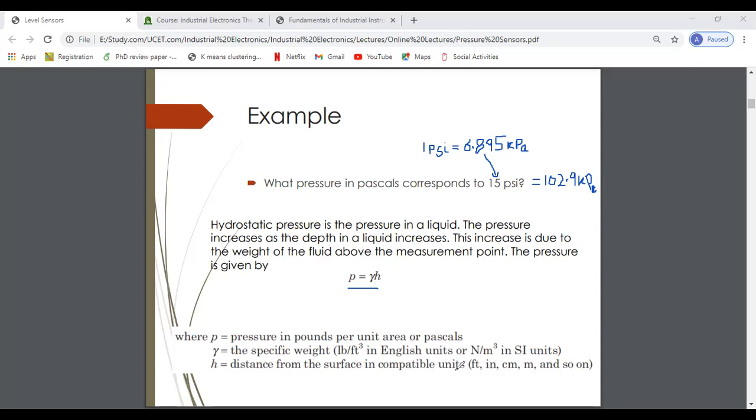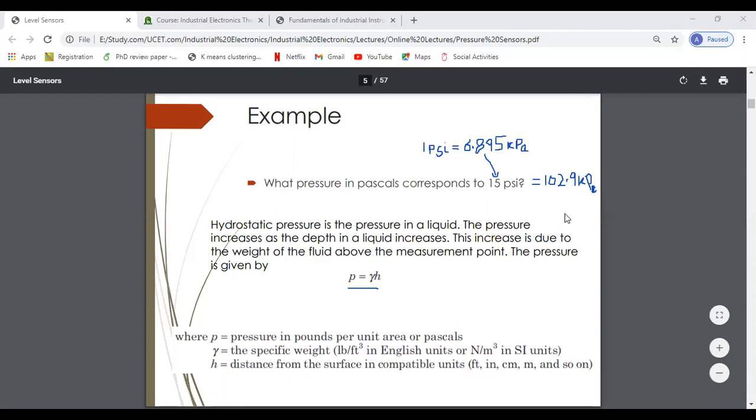Gamma is the specific weight of the liquid, and H is the distance from the surface in compatible units, in feet, inches, centimeters, meters, and so on. We have to keep in mind that H is the distance from the surface of the liquid to the bottom of the vessel. From this, we can find out the value of the hydrostatic pressure in pascals, from this animation.